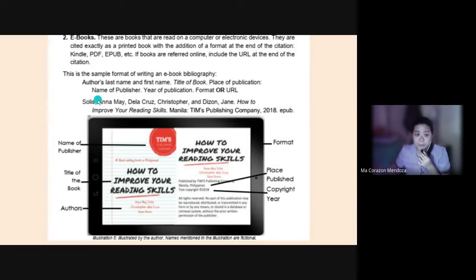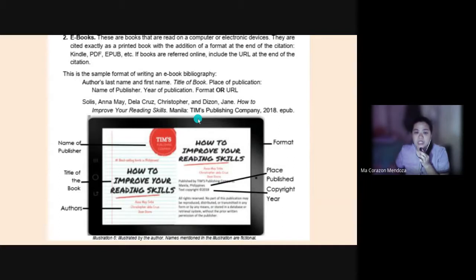So let me give you a sample here. Solis Anna May, comma, De La Cruz Christopher, comma, and Dizon Jane, period. How to improve your reading skills. That's the title of the book. Period. Manila, colon.